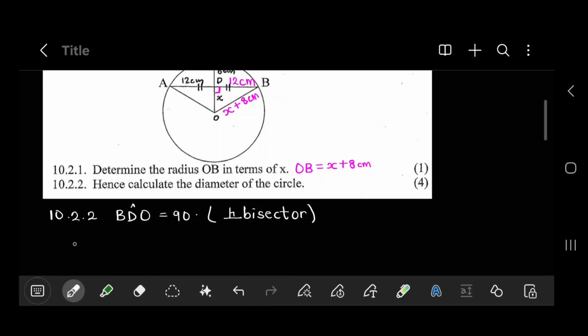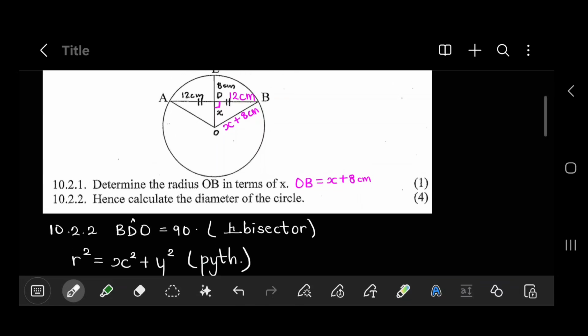Let's start off by stating it: r squared is equal to x squared plus y squared. Referring to the diagram, remember that the hypotenuse is always opposite the 90 degrees. So here our hypotenuse is the same as our radius, which represents r in the formula.